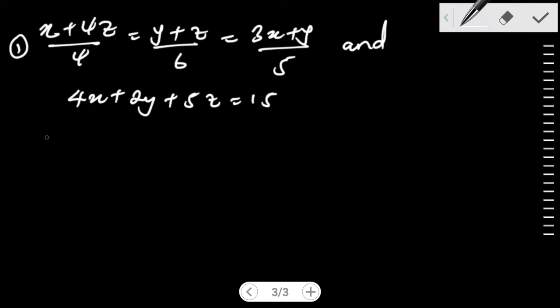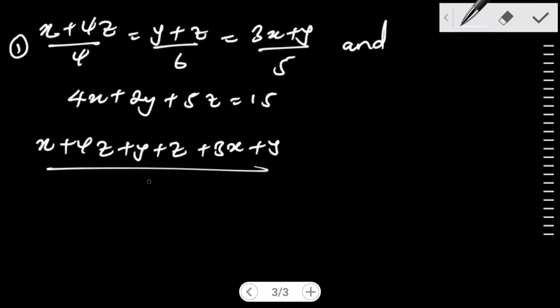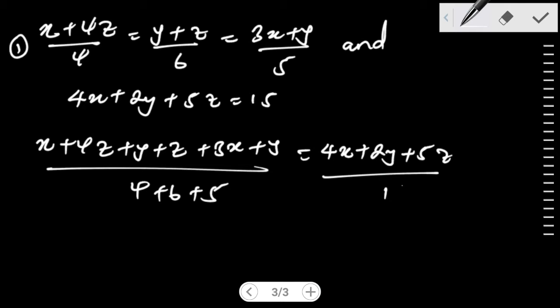By the ratio theorem, this is x plus 4z plus y plus z plus 3x plus y all over 4 plus 6 plus 5. This equals 4x plus 2y plus 5z all over 15.